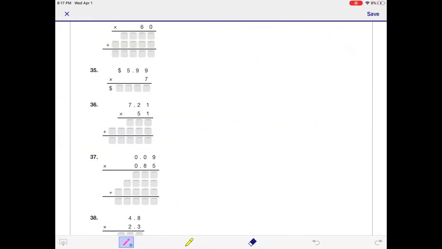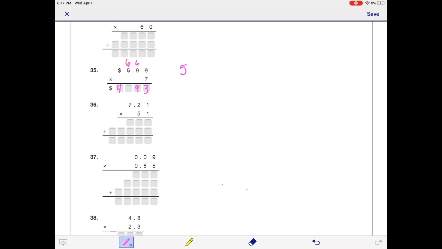I'll do this one just because it's money. Money is no different than a decimal. Let's just do it right where it's got here. $5.99 times 7. Just multiply like normal. 7 times 9 is 63. 7 times 9 is 63 plus 6 is 69. 7 times 5 is 35.